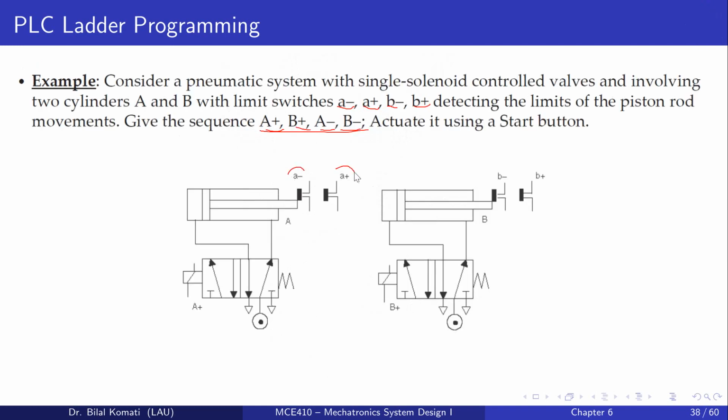We have A plus and A minus, two limit switches to indicate the position here and here for one solenoid, and the position here and here for the other actuator. B minus means that we are in this state. A plus means that we are at the end of the course, and the same for B.